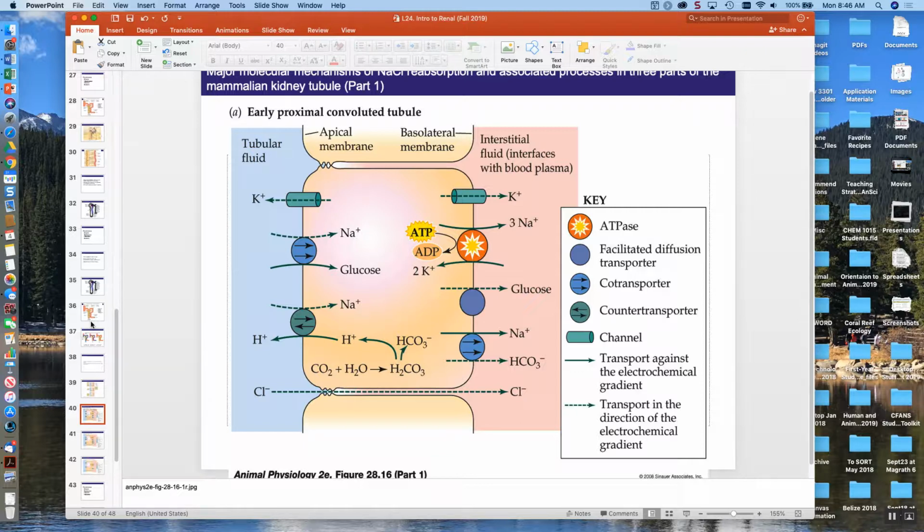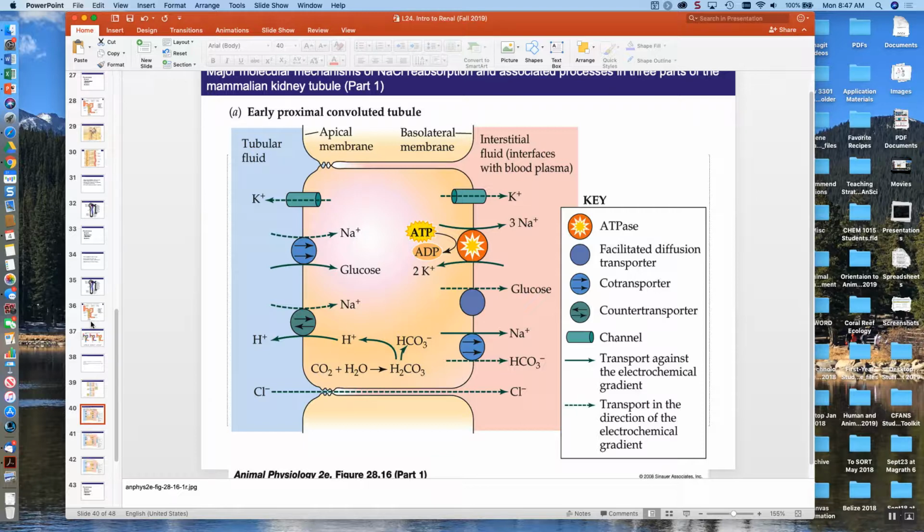Okay, so remember, we're going in this direction, from the inside of the tubule to the outside. Again, we're just looking at this area right here in the proximal tubule. We're going to take a look at the epithelial cells that line. This is the inside of the tube. This is the outside of the tube.